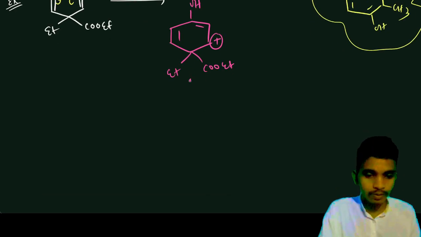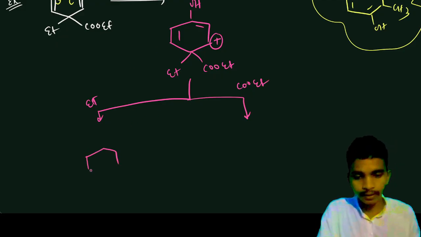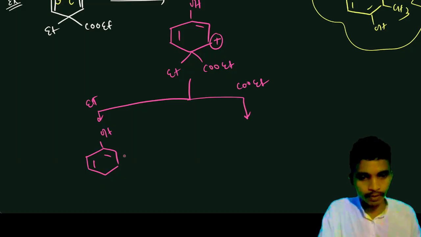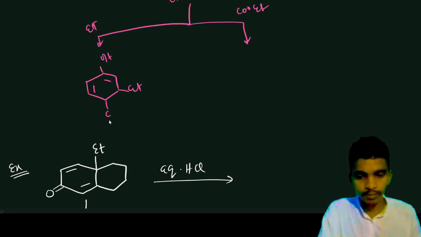Now, if you are confused, then form both the products. So if I do the ethyl shift, what will happen? If I do the COOEt shift, then what will happen? So if I do the ethyl shift, let the ethyl shift here, and here we have the COOEt, and here we have the positive charge.